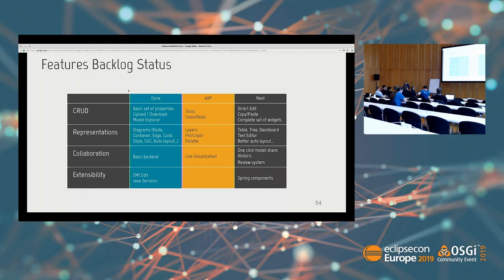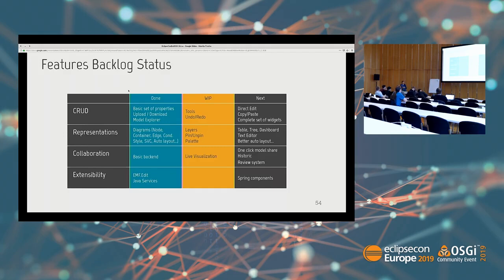Next, after that, we will provide a kind of one-click share solution to easily share a model or share a diagram with anyone, or just integrate it into any web application, for example, a wiki. And we aim also to provide a way for you to see your history of modifications and a kind of review system so that you can collaborate on some representations by annotating them.